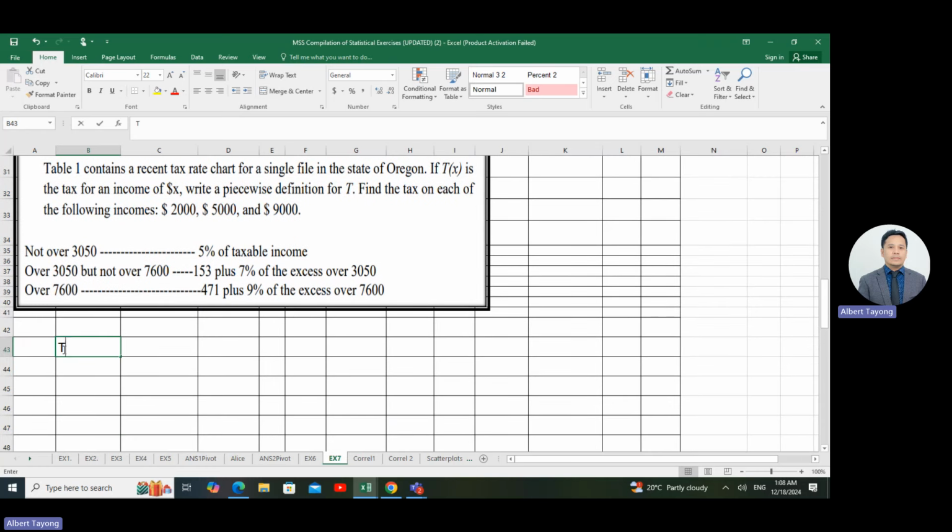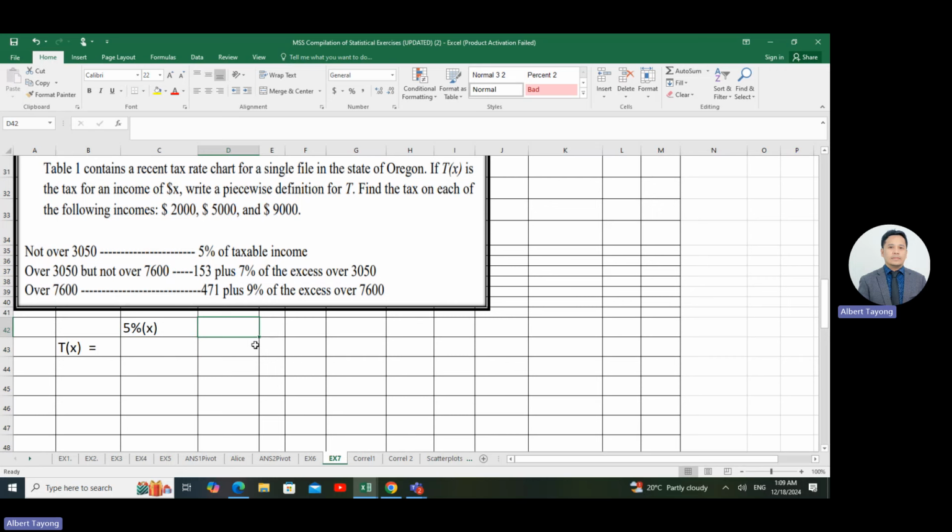So we have T of x, that's for the tax, equals, the first one is 5% of, so that is multiplication of the taxable income. Our income is x. And the condition there is not over 3,050.